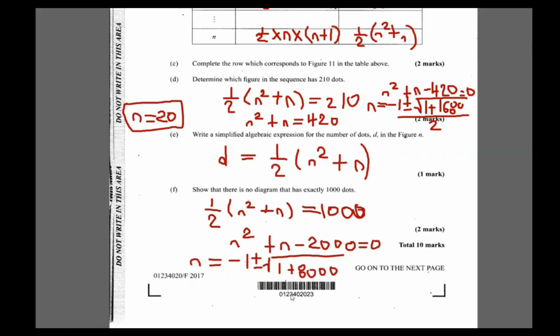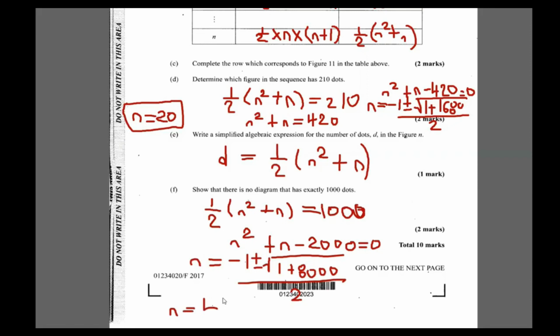So when you do that and you do the division, what are we going to get? We're going to get minus 1 plus the square root of 8,000, over 2. You're getting 44.2. You're getting n equal to 44.2.